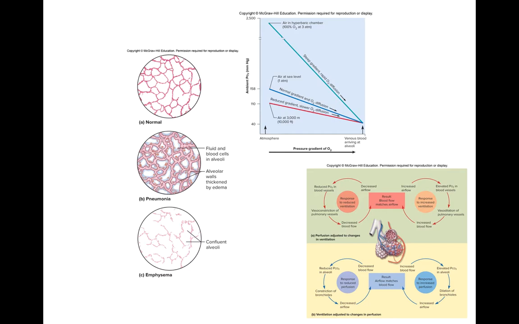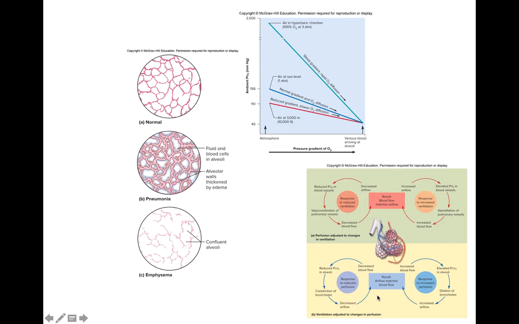So it would cause vasoconstriction of the vessels, which would decrease blood flow, and we would end up matching our ventilation. On the flip side, if we increase airflow, we have an increased oxygen level, we're going to vasodilate, and it's going to increase the blood flow. Now we're going to bring in more blood to oxygenate because we've got more air. So this is an example of how perfusion can adjust to changes in airflow.